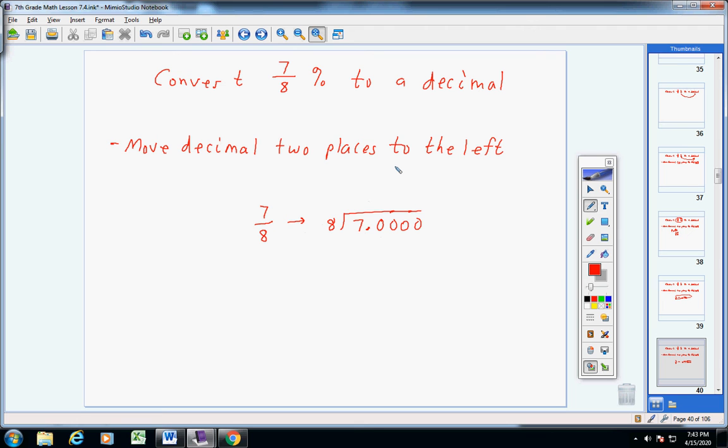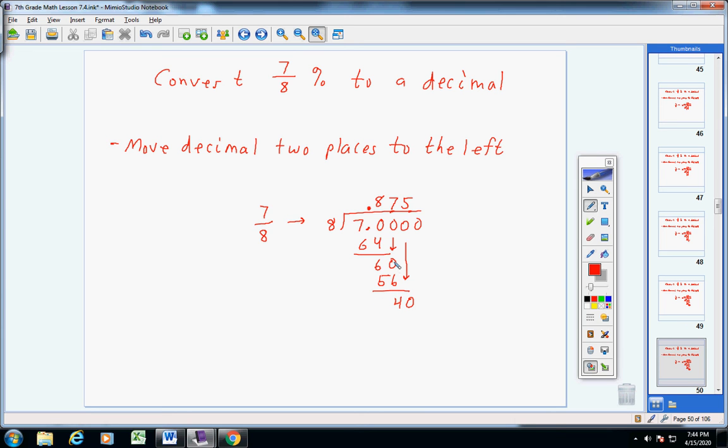So bring your decimal straight up to here, and then 8 goes into 78 times, multiply, subtract, bring down your 0, 8 goes into 67 times, multiply, subtract, bring down your 0, 8 goes into 45 times.